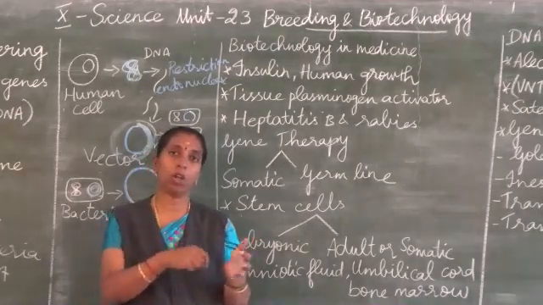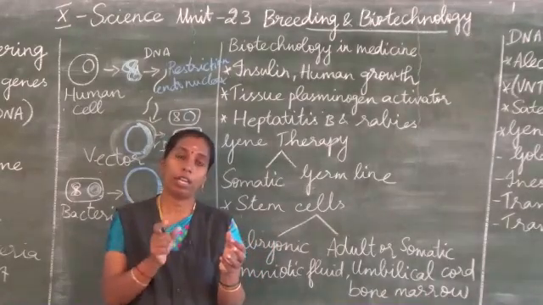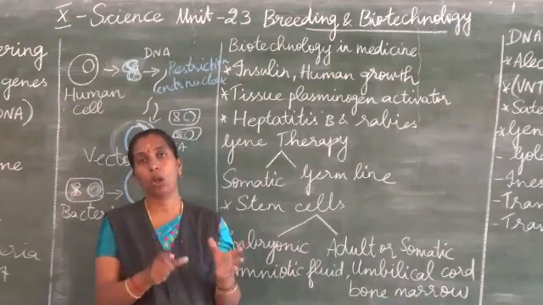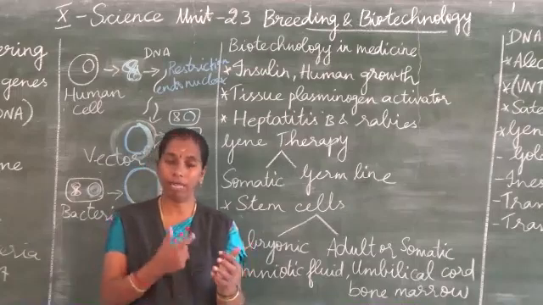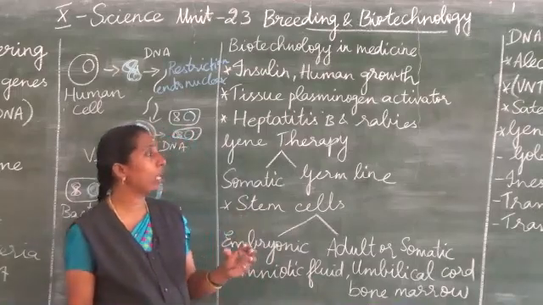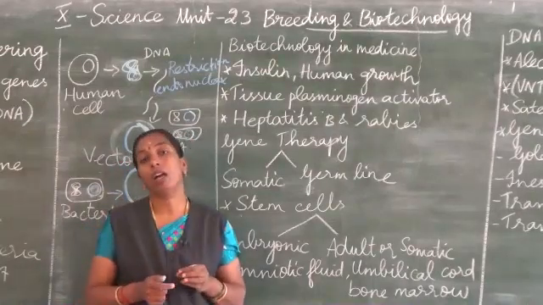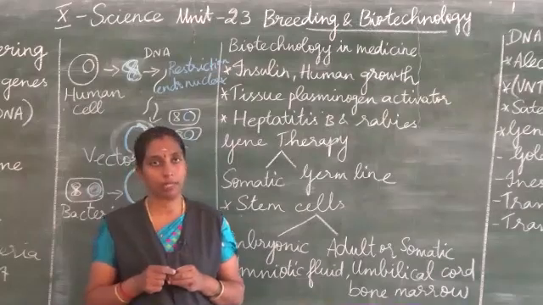When there is a cut, the blood will be oozing out if there is no clotting factor. But with clotting, the blood will thicken. That is called blood clotting. So using biotechnology, blood clotting factors can be produced that can be used to cure hemophilia.